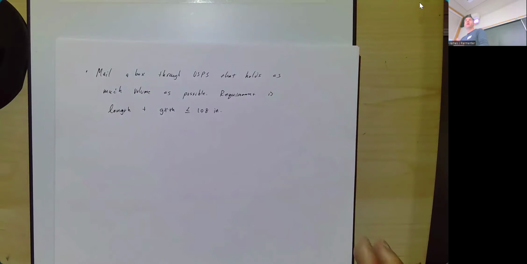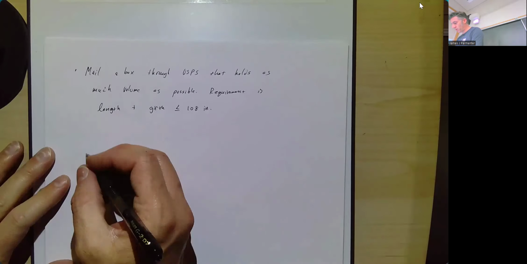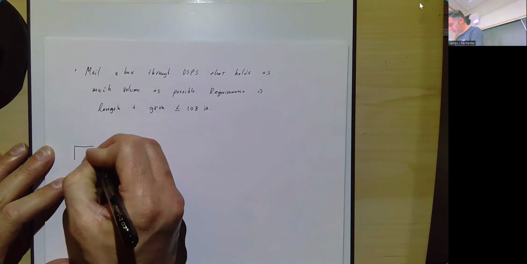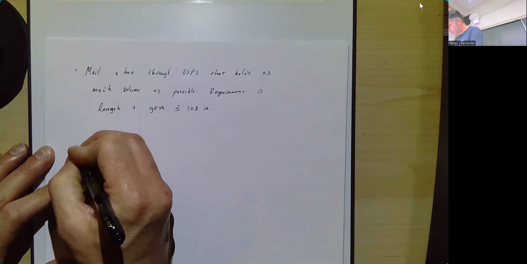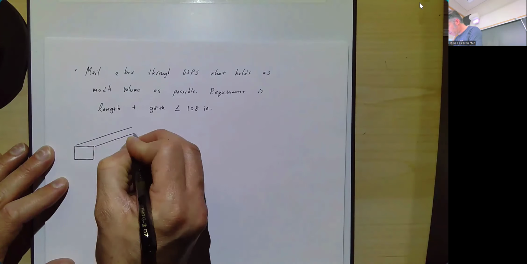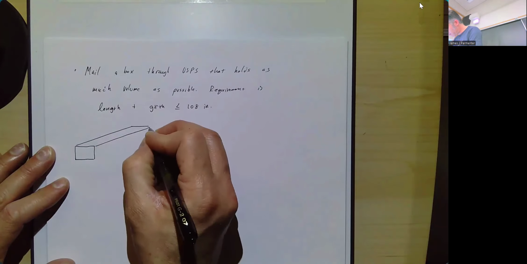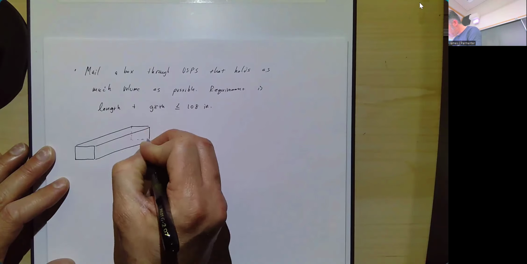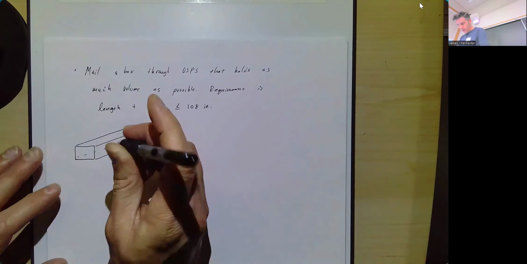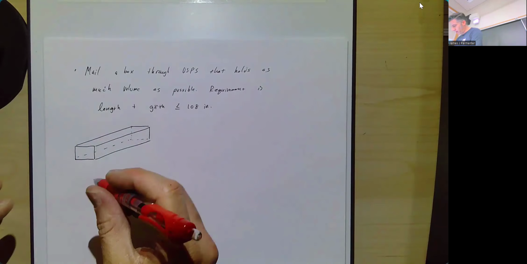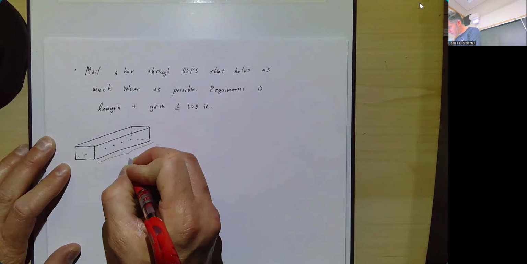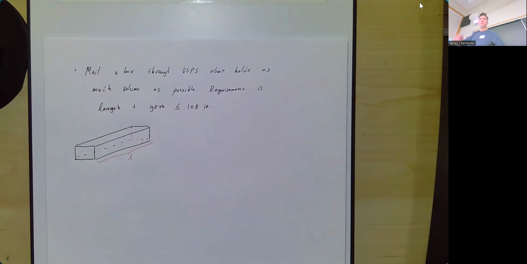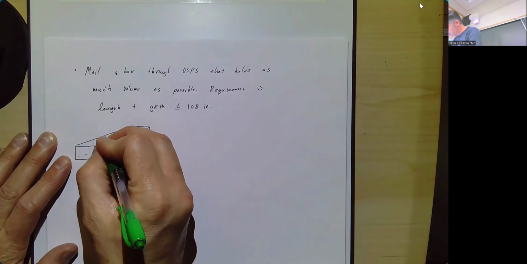Here's what this looks like in a picture. My box looks like this. Here's the length, and the girth is the measure around the part that's not the length. So the girth is this measurement here.